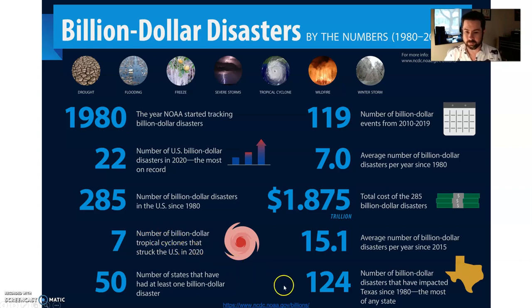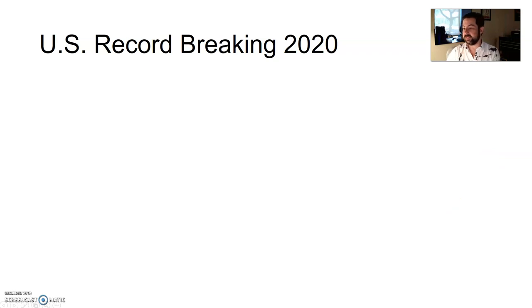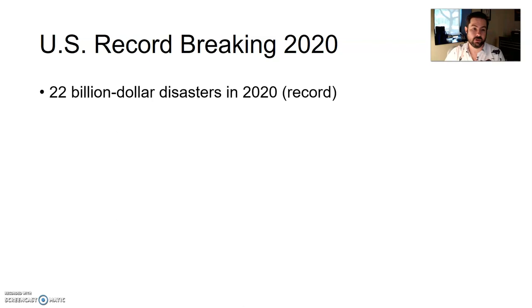The most $1 billion disasters have affected Texas. These are not just disasters, but large ones that cost us $1 billion or more. Over these past 40 years, natural disasters cost the U.S. almost $2 trillion. Something to think about. So 2020 was definitely a record-breaking year as far as natural hazards and disasters are concerned.